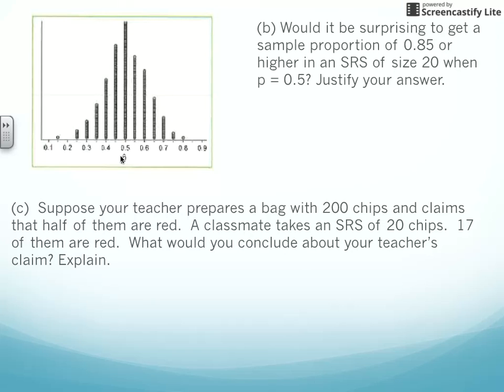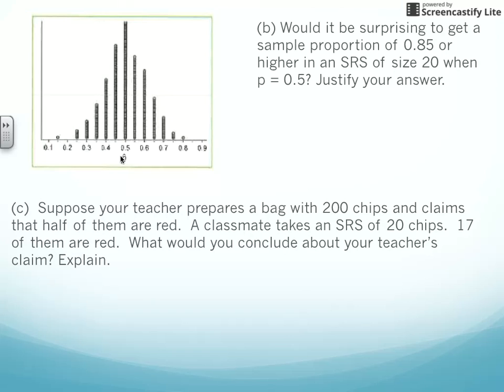A value as large as 0.85 never occurred in 500 samples, so it's very unlikely to occur, okay? If it didn't happen in 500, it's probably not going to happen.